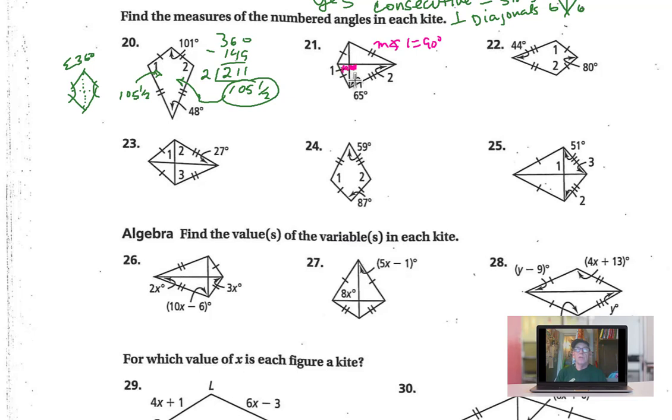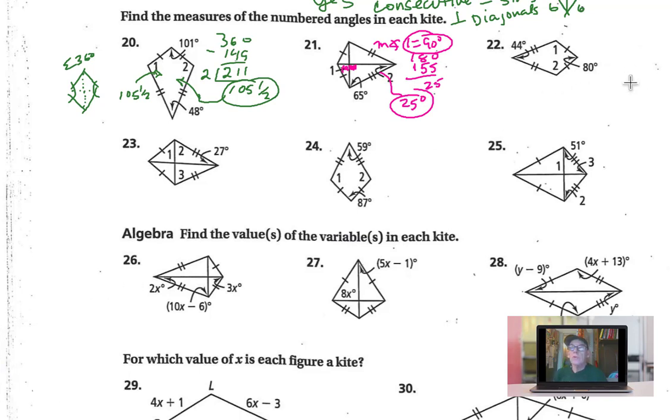Well, they're all right angles here at this intersection. We've got a 90 and a 65, and this angle 2 makes 180, so that's triangle sums. A 90 and a 65 is 155. 180 take away 155 leaves 25 degrees. So the measure of angle 2 is 25. So we got 2 there, and we got 1 there.